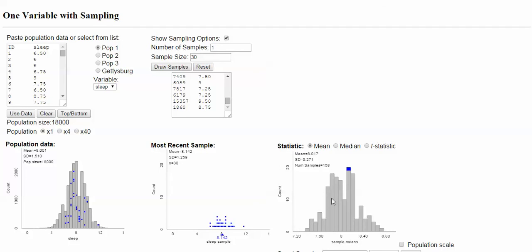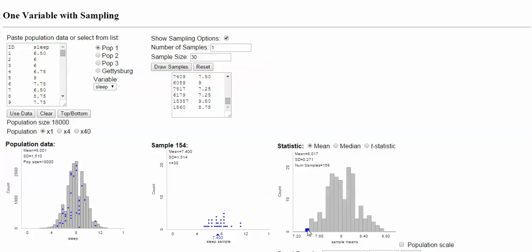And once again, like I said, if you click on a certain block, it'll show you the 30 people that were in that sample. So here's the mean of that group of 30. Here's the mean of that group of 30. Here's the mean of that group of 30. And here's the mean of that group of 30. This was our lowest sample mean.